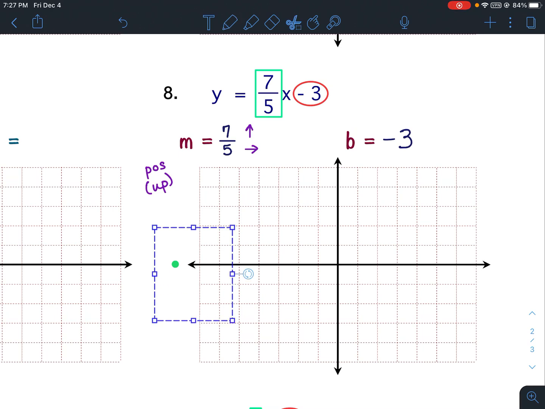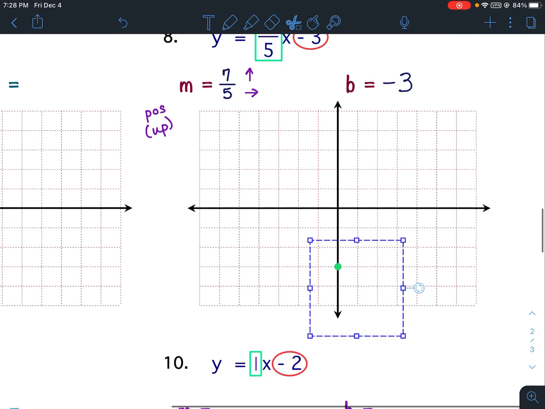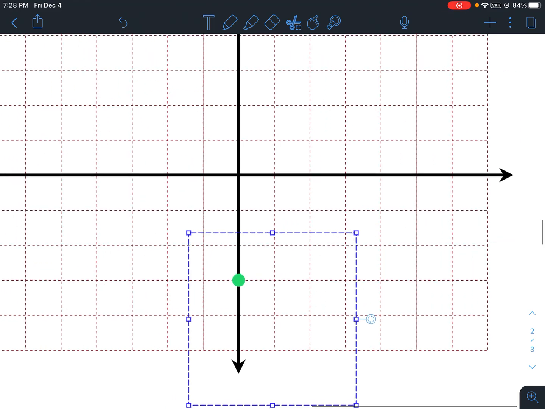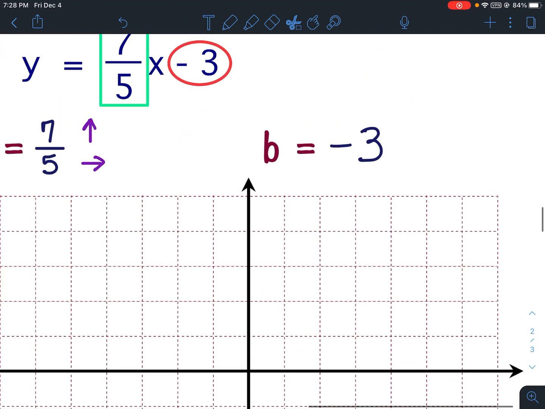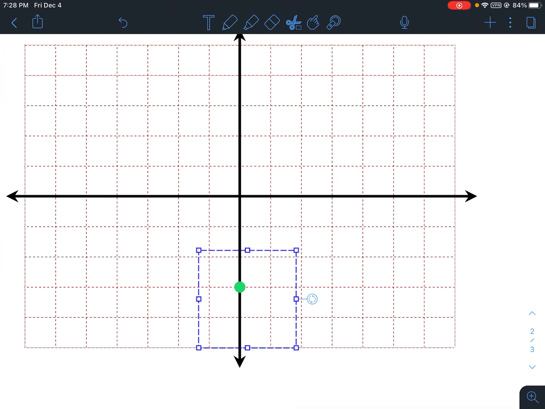So I start by putting my point at -3 on the y-axis. That is the y-intercept, so that's where I start. Here's the origin. I go down 1, 2, 3, so I'm going to start at -3 on the y-axis. And my slope is 7/5, so up 7 over 5.